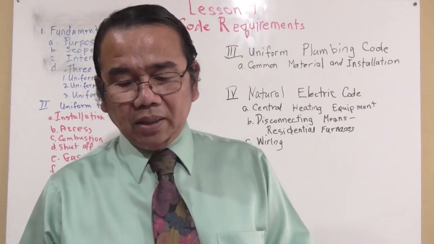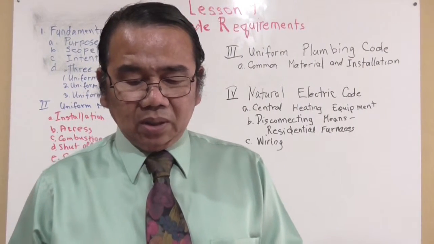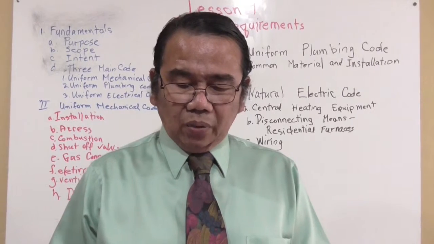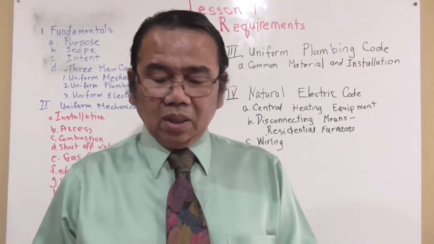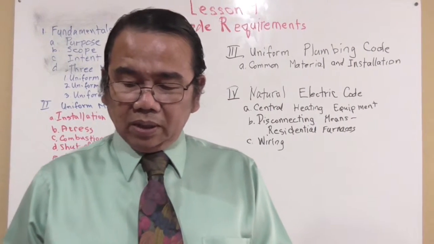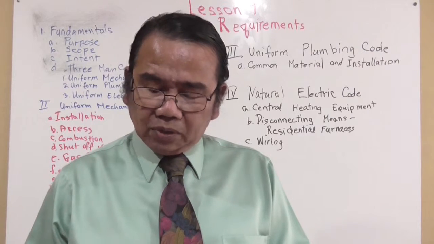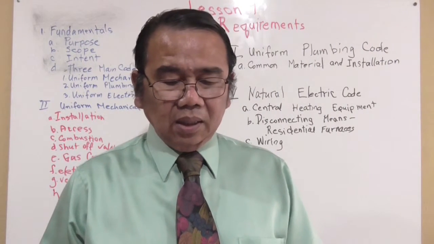Wiring shall be protected by proper fittings where passing through metals, by proper routing away from sharp objects and hot surfaces, and by proper fusing of each disconnecting means. Fuses protect wiring, not the leads.